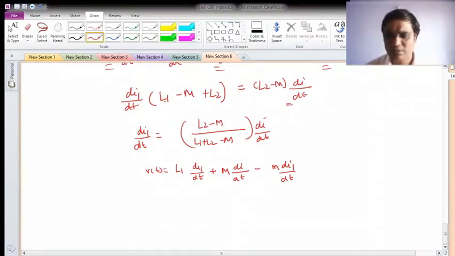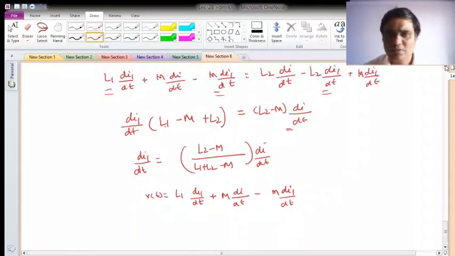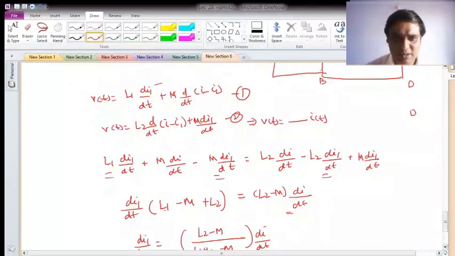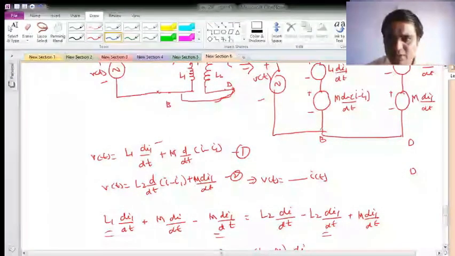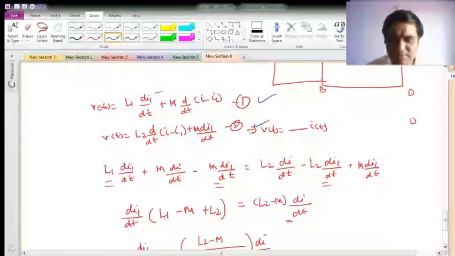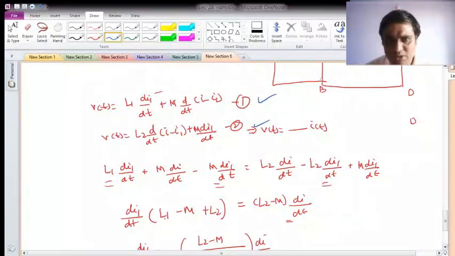Basically what we did: first we know that the voltage is written that way. Now we equate the RHS, L1 di1 by dt plus M di by dt minus M di1 by dt, which is equal to L2 di by dt minus L2 di1 by dt plus M di1 by dt.